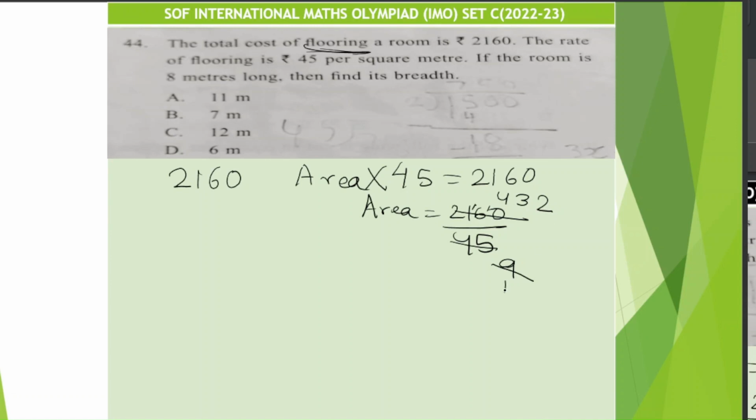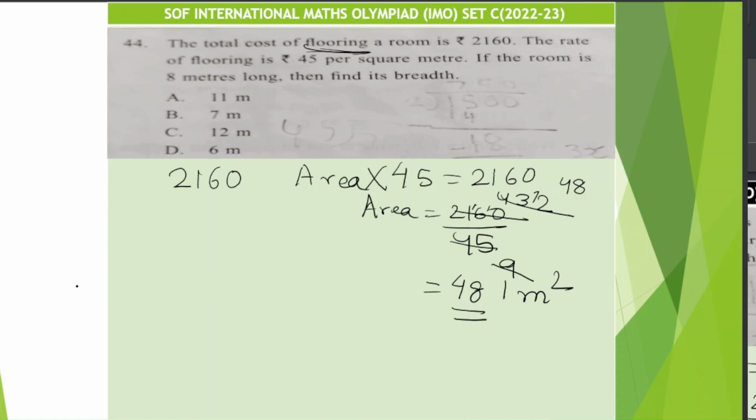Directly we can divide. 9 ones are 9. Then 9 fours are 36. 43 minus 36 will be 7. So 72. 9 eights are 72. So total area comes up to be 48 meter square or square meter, however you want to write.